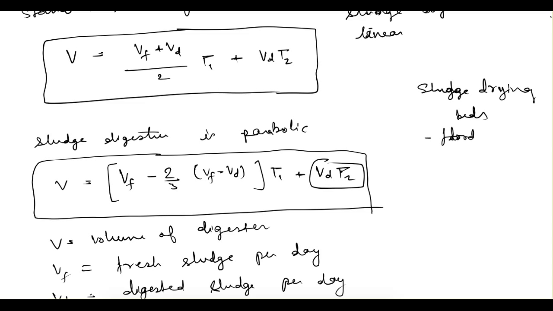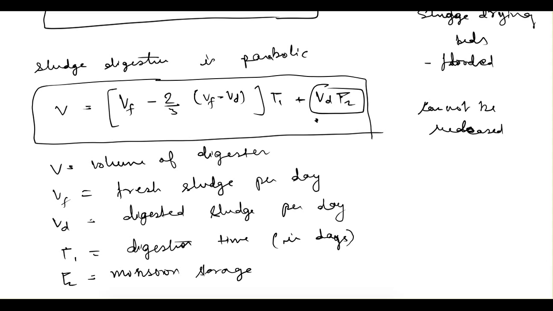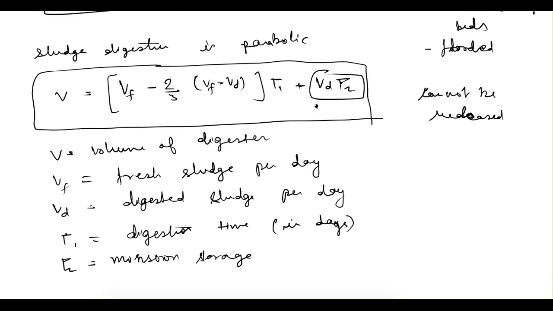If these are flooded, then the digested sludge cannot be released. So for the monsoon season, separate storage is kept for whatever sludge is produced in the monsoon days, and provision is given for that part. That's how the volume of the sludge digester can be computed. This is enough for this video. Thank you.